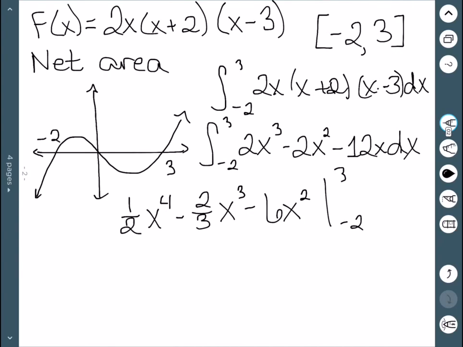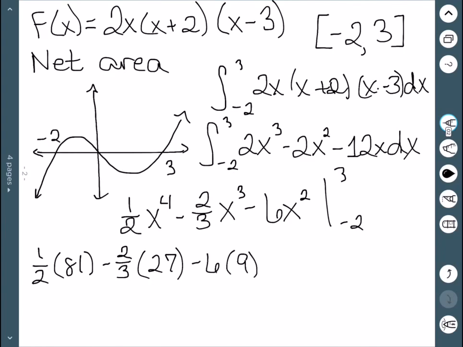Evaluating at 3, 1/2, 3 to the 4th is 81, minus 2/3, 3 cubed is 27, minus 6 times 3 squared, which is 9.